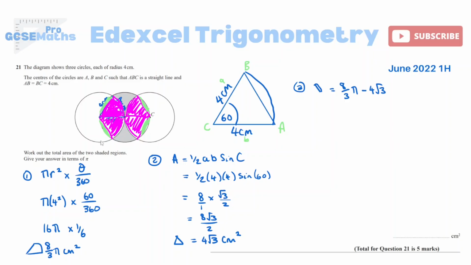So we want to work out the area of the whole circle B. So that's pi r squared, the area of the circle, pi times 4 squared, which is obviously 16 pi. Then we want to subtract 4 sectors and 4 segments.